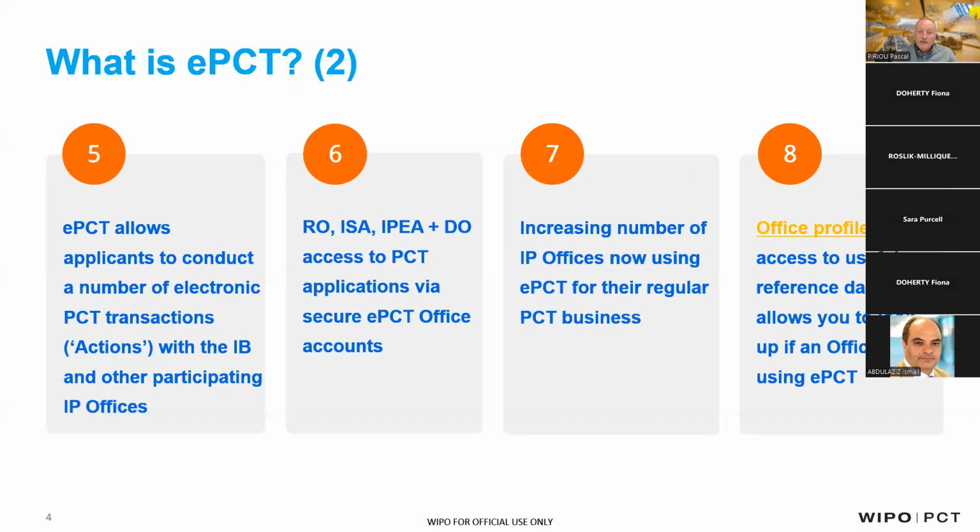And we have an increase in the number of IP offices who are now using ePCT for their regular PCT business. Then we also have a useful functionality in ePCT, which is the office profiles, which give you access to useful reference data and allow you to look up if an office is using ePCT. I will come back to that at the end of the presentation.